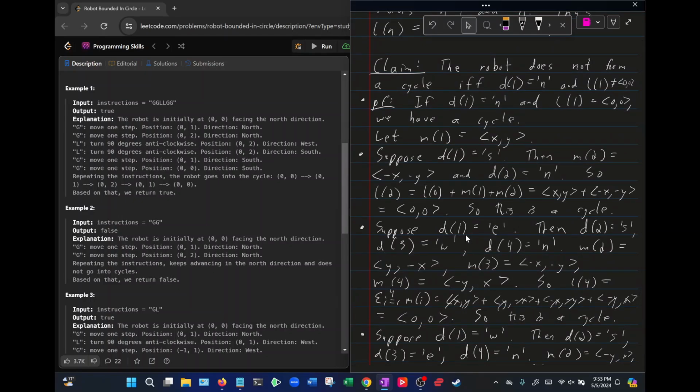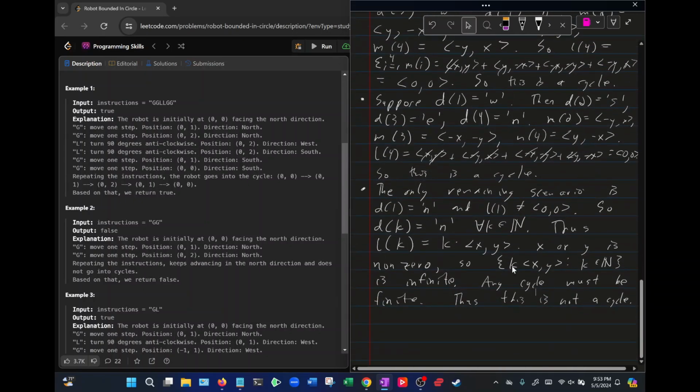No, I'm talking backwards. If D1 is n and L1 is not the origin, then the robot does not form a cycle, because that's what we just proved here.